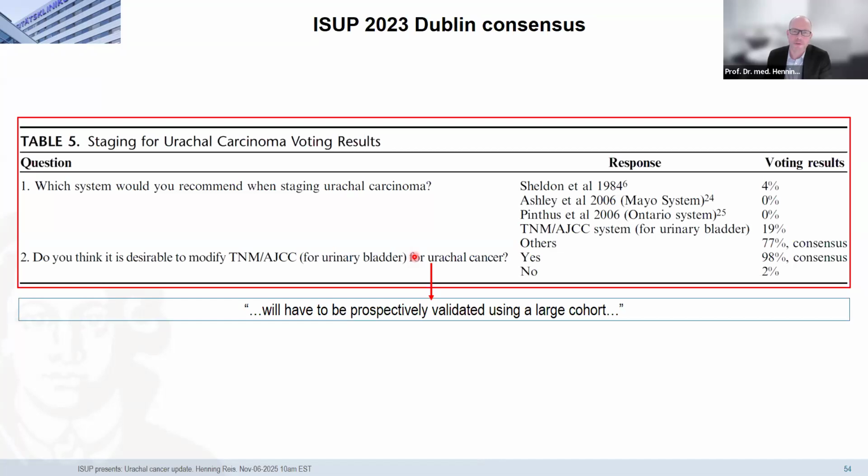But when this registry is up and running, I think we will hopefully have another ISUP update on this, or just some note. Because I think it's important that everyone can take part in this initiative, that we can do research together, and that we have a large cohort so we can address questions like staging, like grading, because there is no grading approach at the moment.